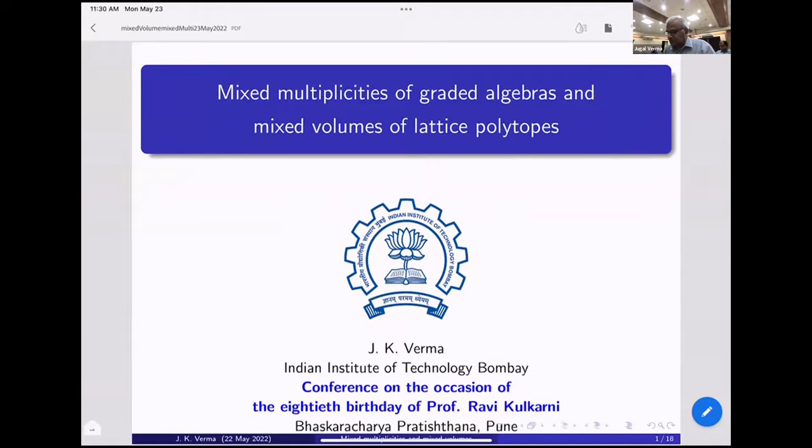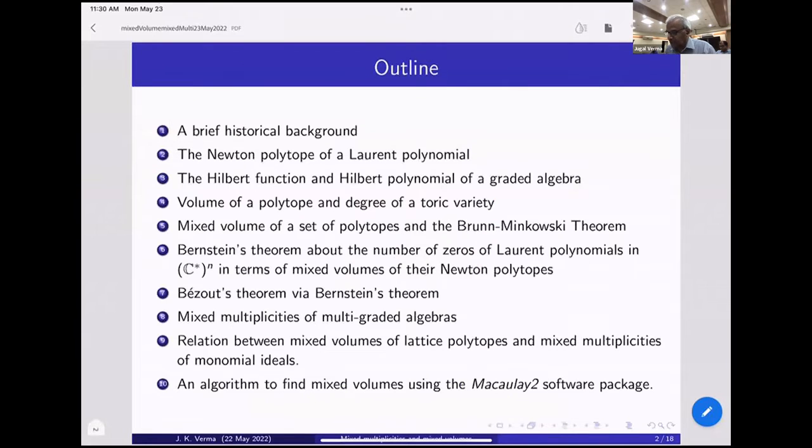So I'm going to speak about mixed multiplicities of graded algebras and mixed volumes of lattice polytopes. Here is the brief outline. I'll first mention historical background and recall the concept of Newton polytope, Hilbert function, and Hilbert polynomial of a graded algebra.